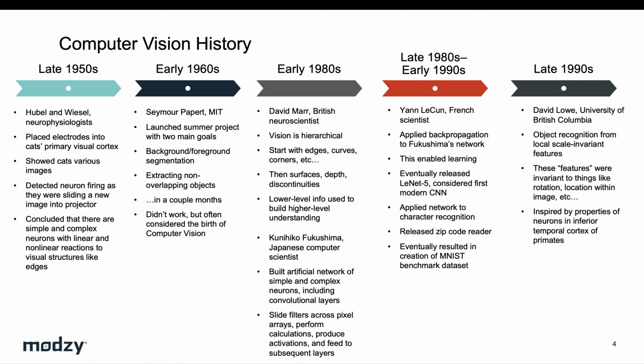Now these features were things like edges and curves, and they were supposed to be invariant to things like rotation, location of a particular object within the image, the scale of the object within the image, etc. Supposedly this was inspired by properties of neurons in a particular region in primates' brains. So you can kind of see a theme. Folks are trying to understand the way that creatures process visual information and then build frameworks and algorithms for computers to do the same based on that.